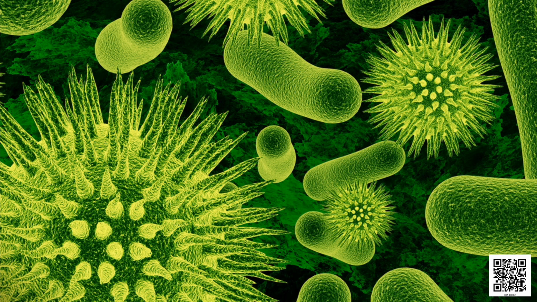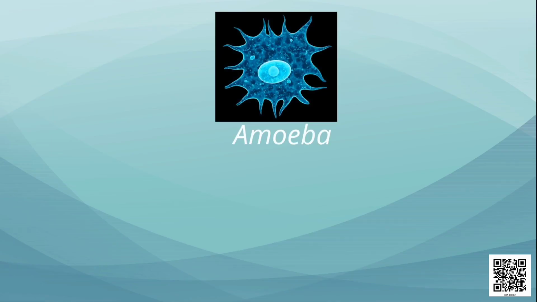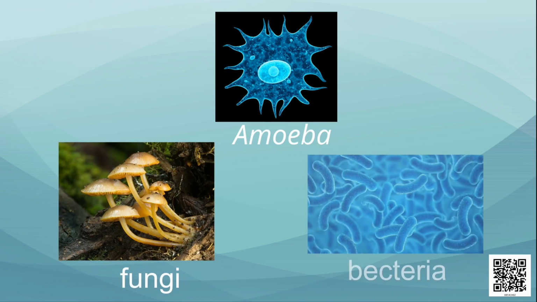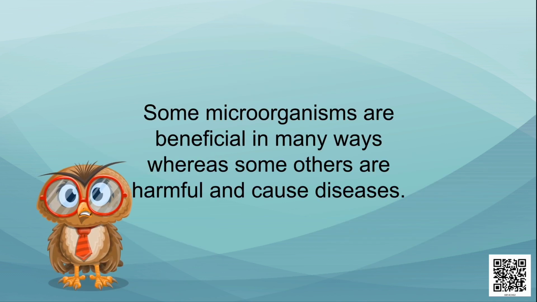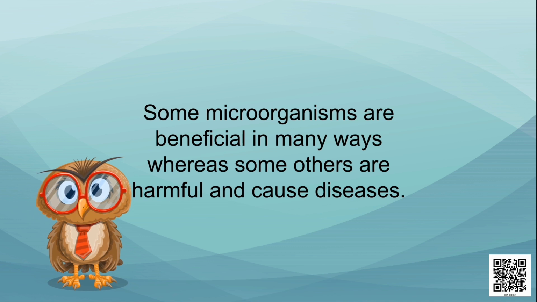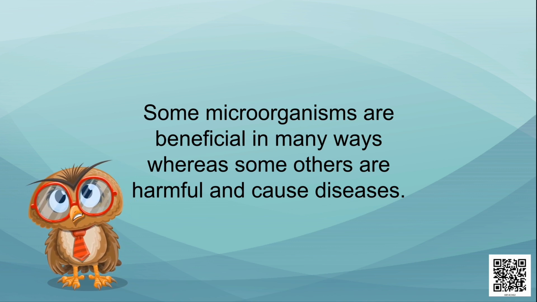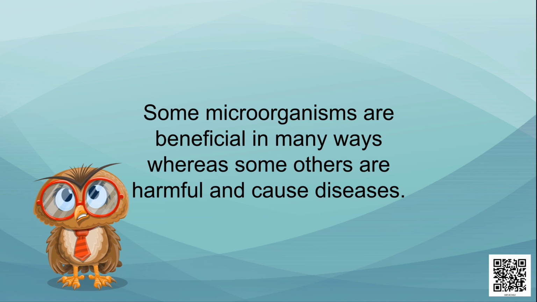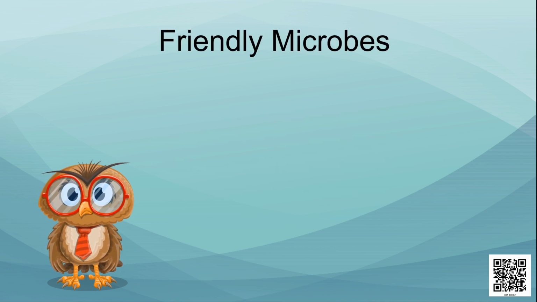Some microorganisms like amoeba can live alone, while fungi and bacteria may live in colonies. Some microorganisms are beneficial to us, whereas some others are harmful to us and cause diseases. Now, let us see which microorganisms are friendly microbes.